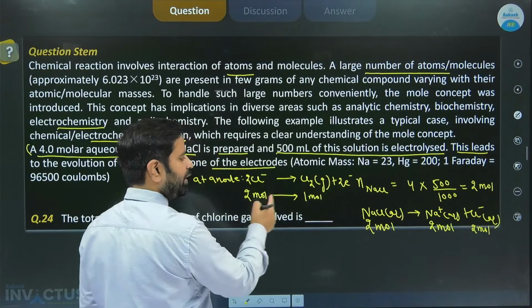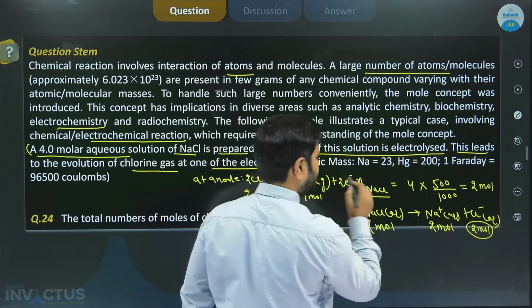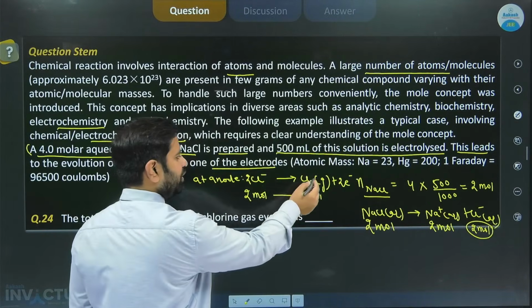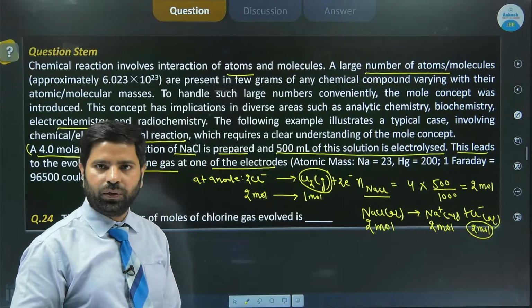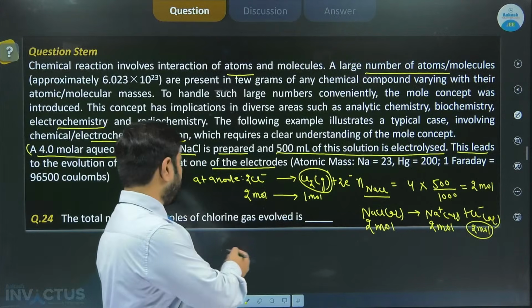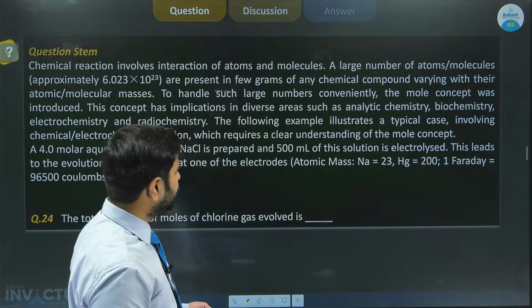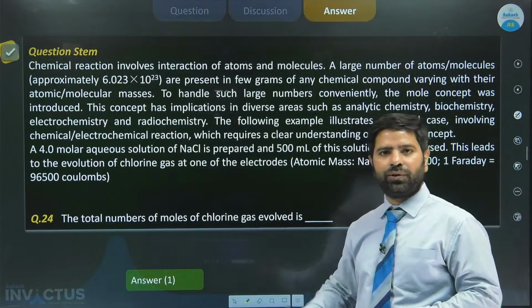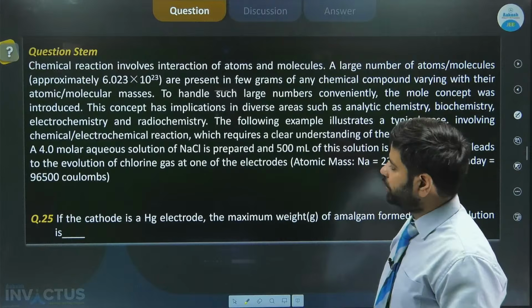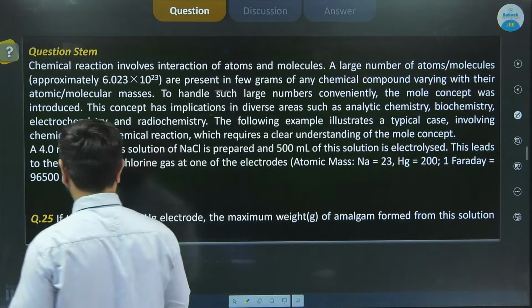According to this given data, how many moles of Cl2 will be produced? That is 1 mole. The total number of moles of chlorine gas would be 1. Let's check the answer. The answer given to this question is 1. Let's move on to the next question of the question stem.